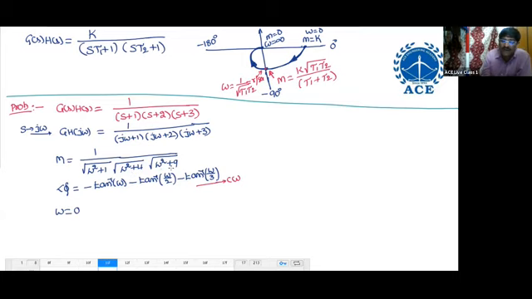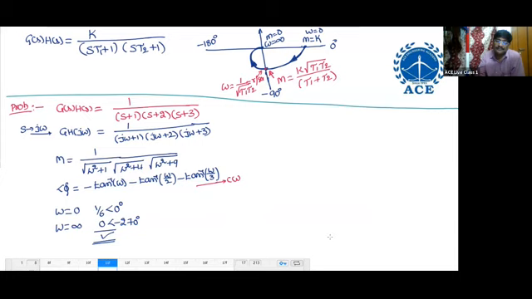At 0 it means 1 by root 36, that is 1 by 6. Angle 0 degrees. At omega infinity, magnitude 0, angle minus 90, minus 90, minus 90, that is minus 270. Satisfied our condition.